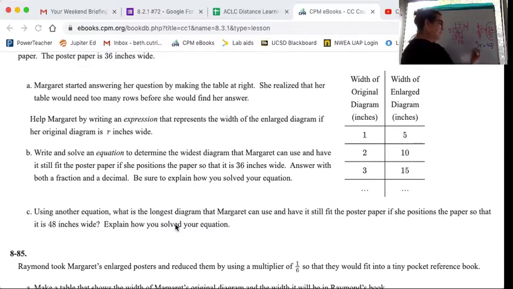So the largest thing she can have is 48 divided by 5, which I'll do right here. 5 goes into 48 9 times, 3 left over, bring down a 0, 9.6 inches. So if this is 36 inches, she gets another 12 inches out here, she can have her original be 9.6, her original table, before she puts it on the enlargement machine.